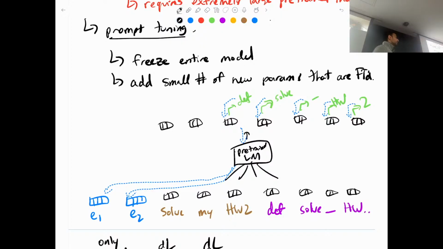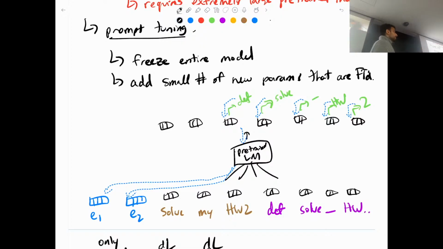Actually, more common than that is you keep the entire model frozen, but you just fine-tune the topmost layer. So here you're not even adding new parameters. If you look at this paper, they do try that version, and they find that prompt tuning is better.